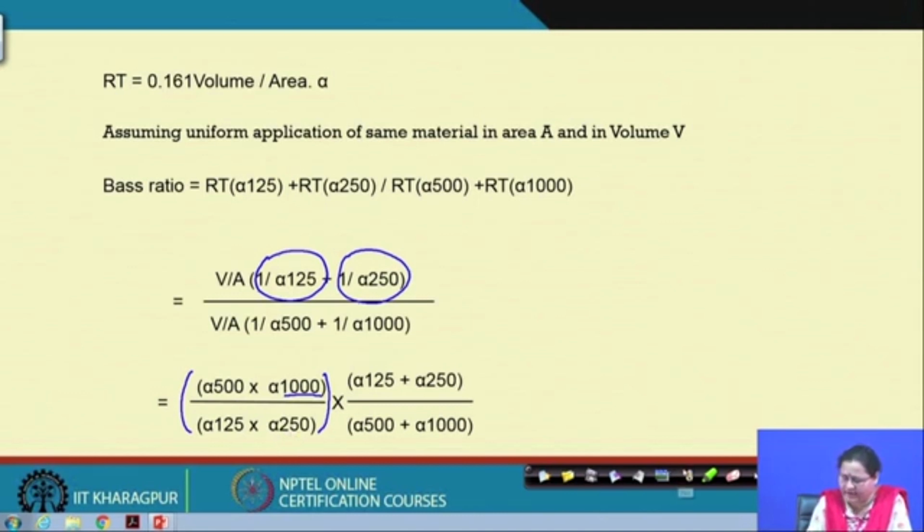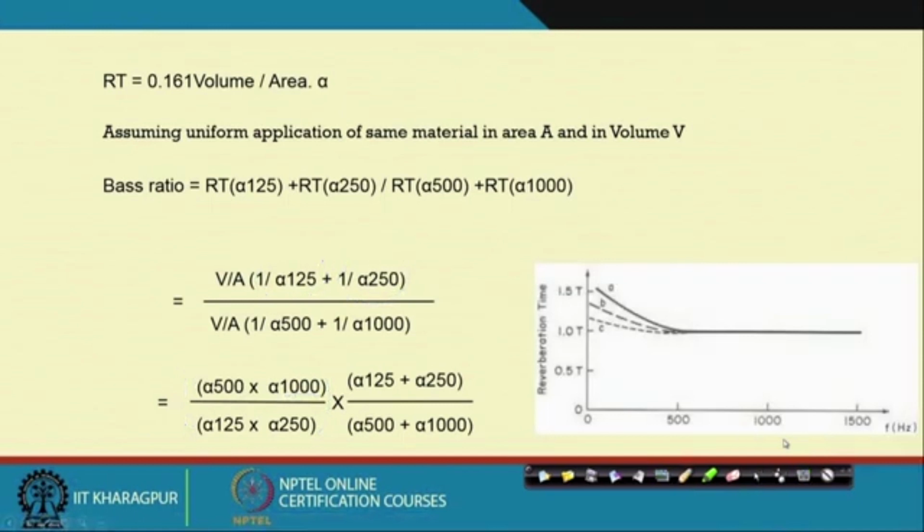So, if we now go to the graph where RT, which is here, what you see is the reverberation time which has been calculated as per the NRC, and we are desiring 1.1 or 1 up to 1.45 as warmth, so that the bass ratio is such that we can get a feeling of warmth during musical performances.